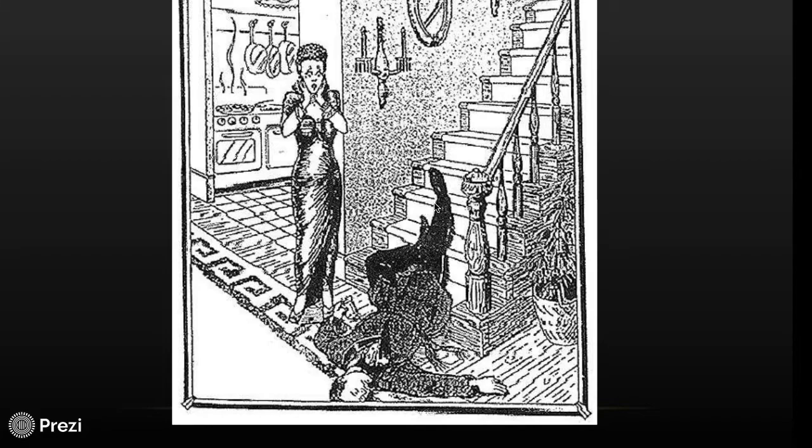So, we have our gentleman down here who does not look to be in a good position at the bottom of steps. We have an elegant evening gown, mermaid outfit, lady distressed. We've got to find out what happened.